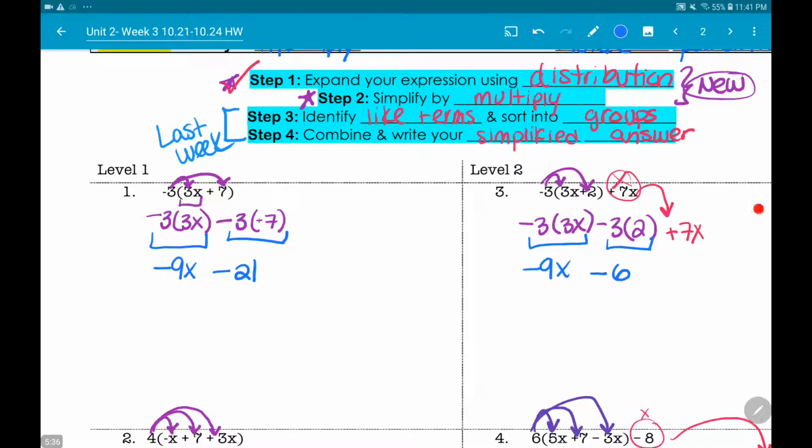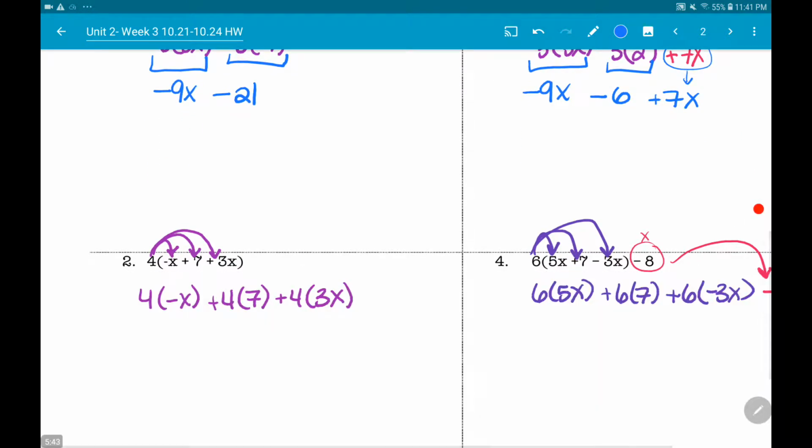All right, and again, I didn't do anything with this, but I'm still going to bring it down. So when I have a negative x, I have to put that -1 so I remember. So that turns into a -4. And 4 times 3 is 12.